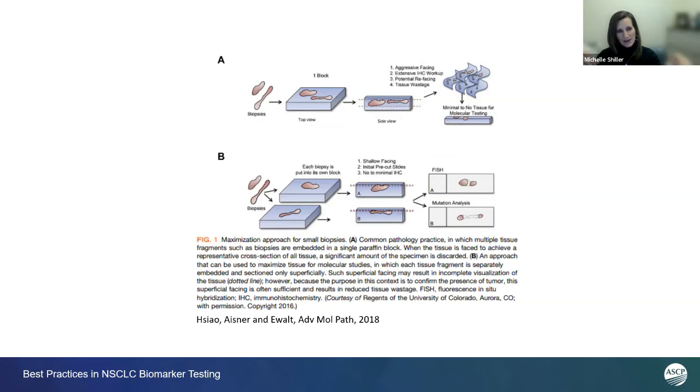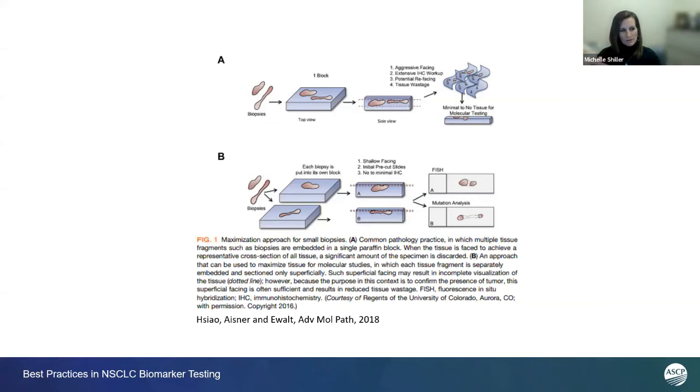Well, how much of that will be left depending on how much you're facing the block? Or maybe the tumor is all in the thinner piece on the right. When trying to just get a clean view of all of the tissue in that block, you end up losing all the tumor and your opportunity to test.